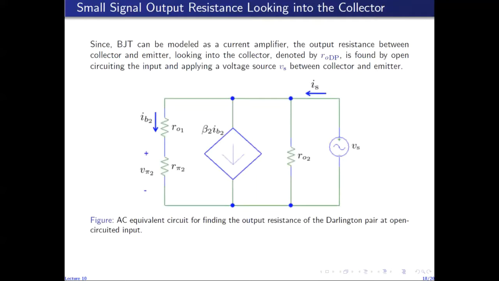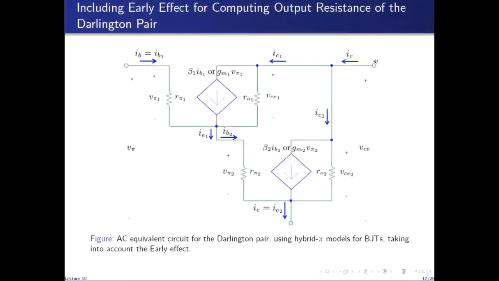So this is the simplified AC equivalent circuit of the Darlington pair for finding the output resistance, the resistance between collector and emitter. What we do is connect a voltage source here, and open circuit the input, and then take the ratio of the voltage of the source to the current drawn through the source by the circuit.